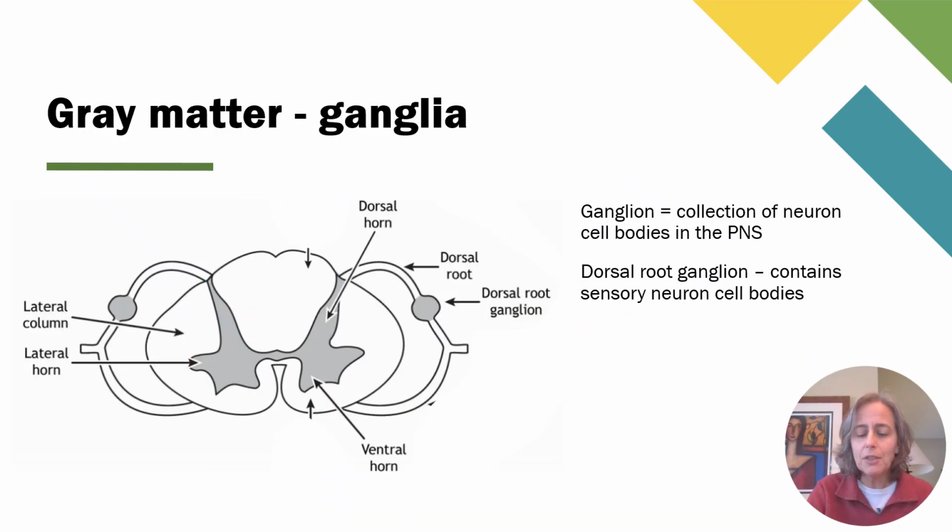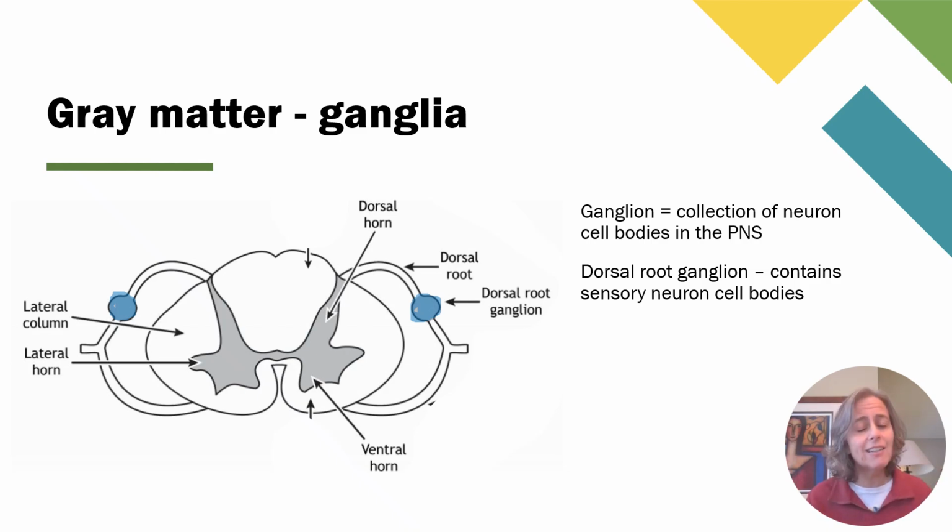You also may notice that there's some gray matter out here in this little bubble. This is actually the dorsal root ganglion. You may remember from a previous lecture that a ganglion is a collection of neuron cell bodies outside of the central nervous system. So they're actually in the peripheral nervous system, which is very unusual.